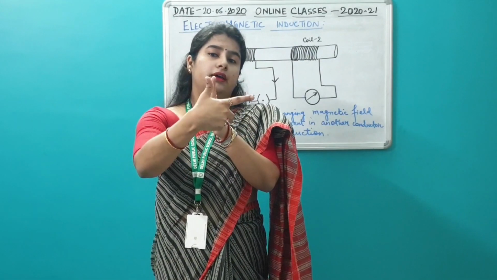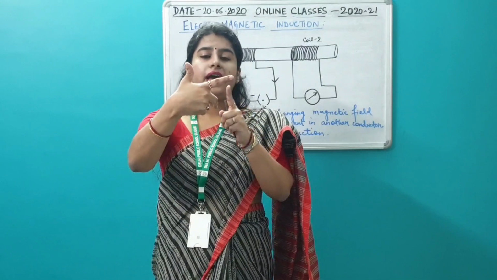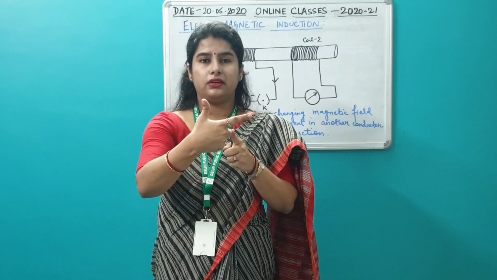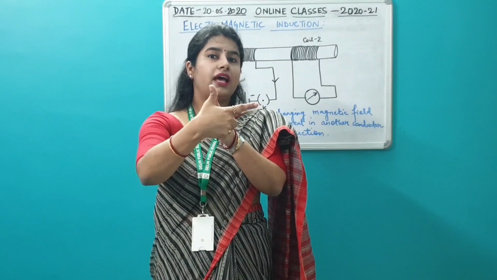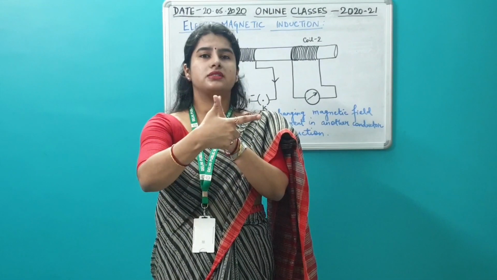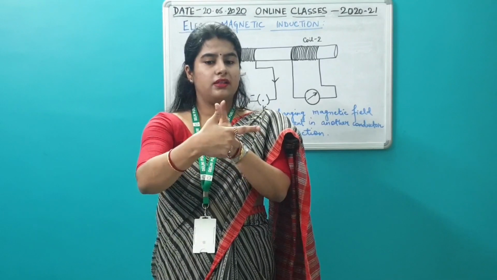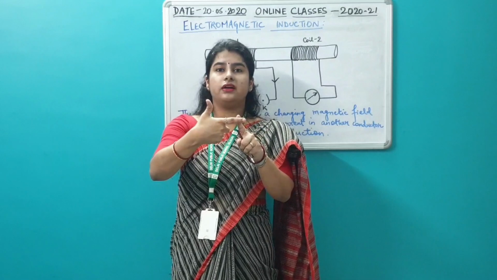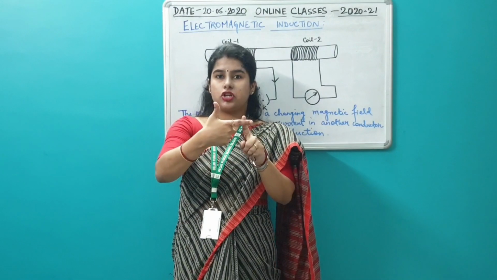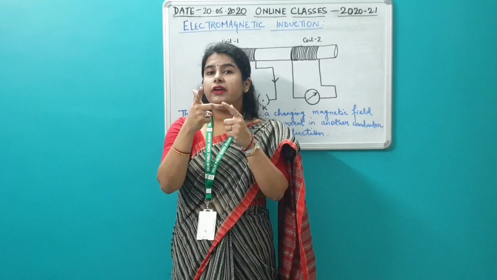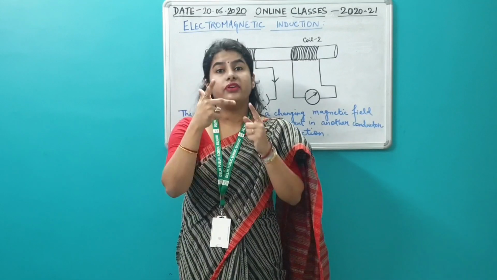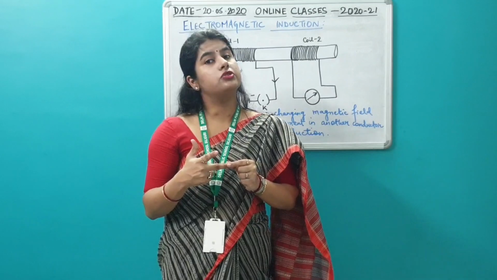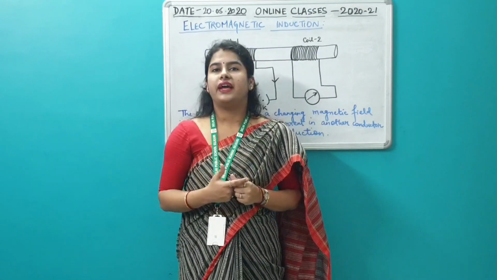If you hold your thumb, your forefinger and your middle finger at right angles, mutually perpendicular to each other, such that the thumb is pointing towards the movement of the conductor, this thumb will depict the movement of the conductor, and this forefinger is the direction of the magnetic field. Your middle finger will show you the direction of induced current.